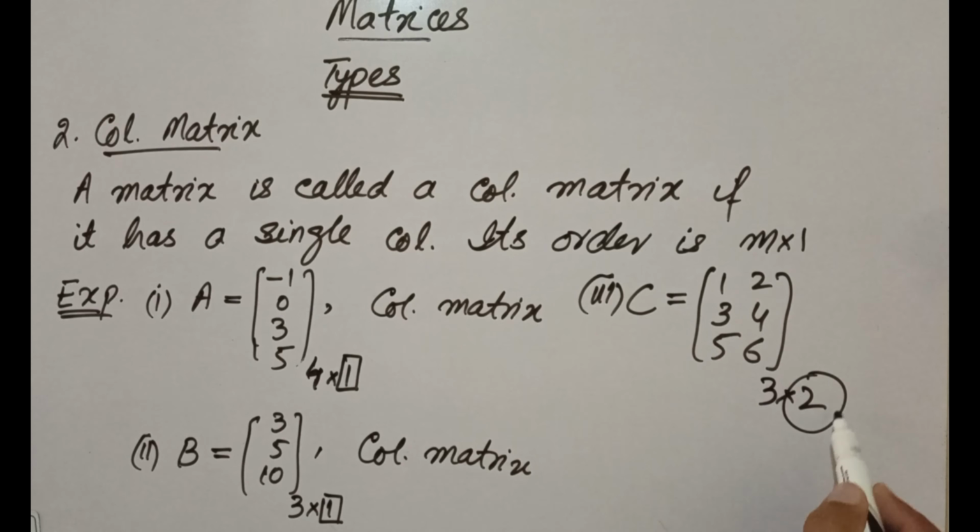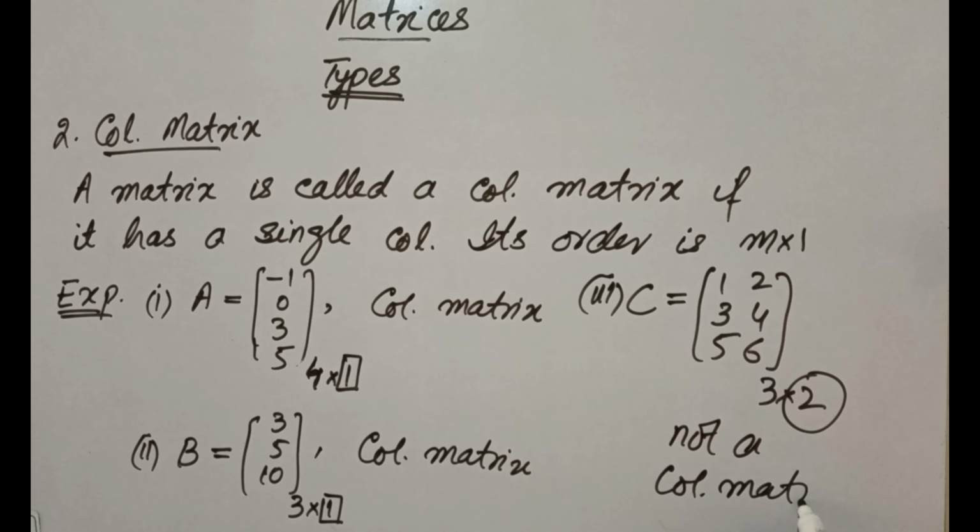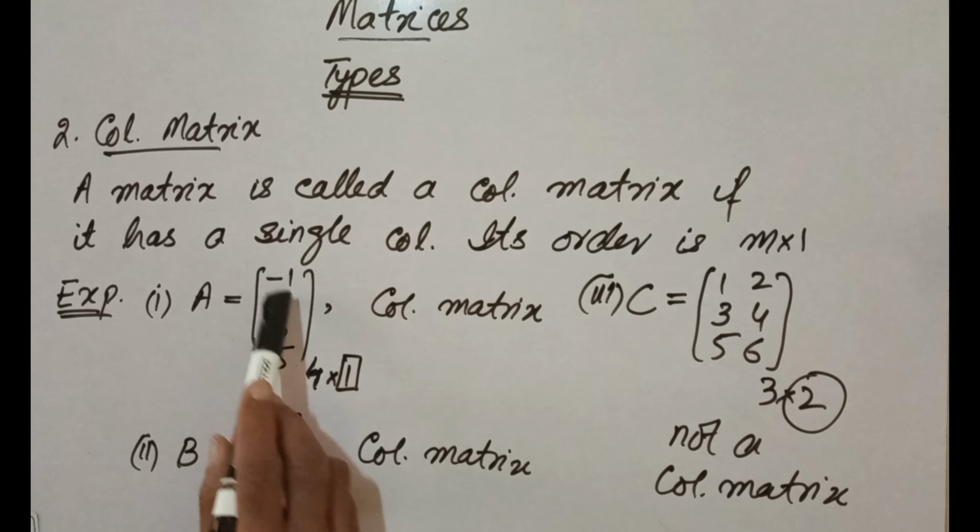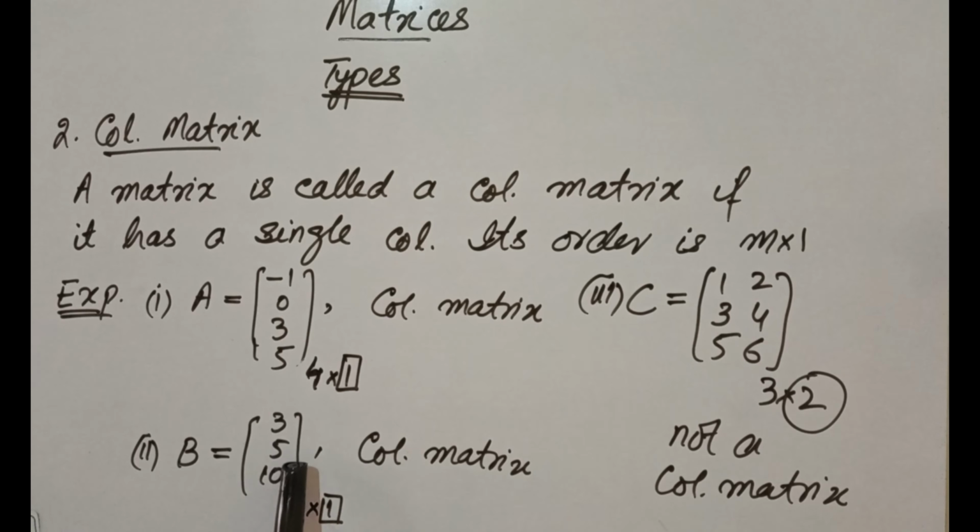This is not a column matrix, because in this case we have 2 columns instead of 1. If we have a single column, then the matrix is called a column matrix.